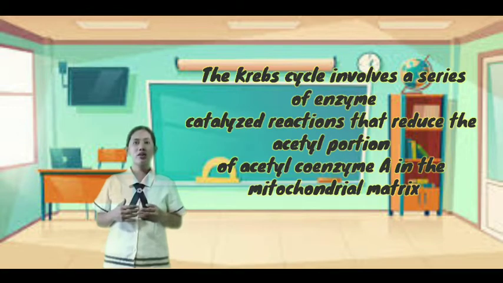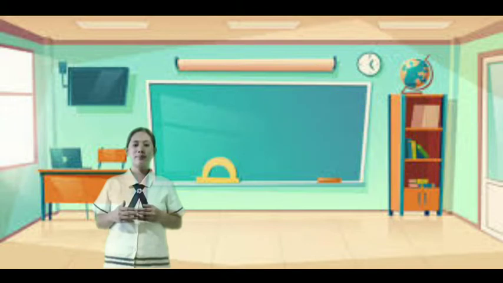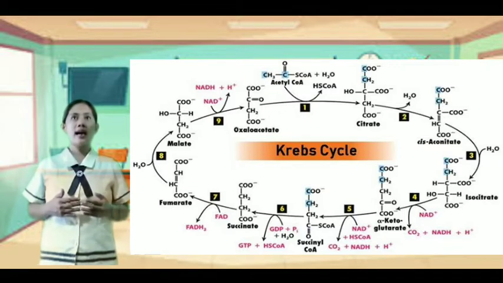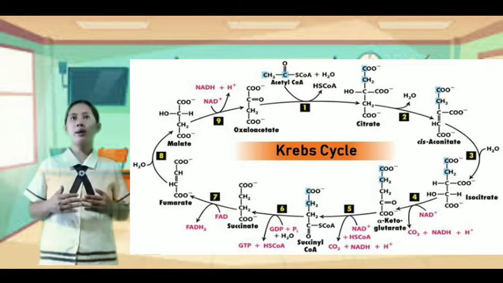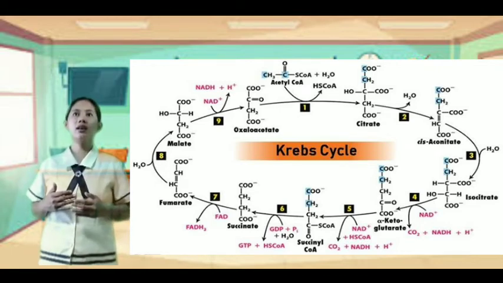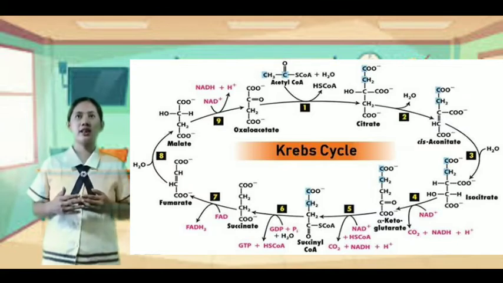The Krebs cycle involves a series of enzyme-catalyzed reactions that reduce the acetyl portion of acetyl coenzyme A in the mitochondrial matrix. In the first step of the cycle, acetyl CoA combines with a 4-carbon acceptor molecule, oxaloacetate, to form a 6-carbon molecule called citrate.